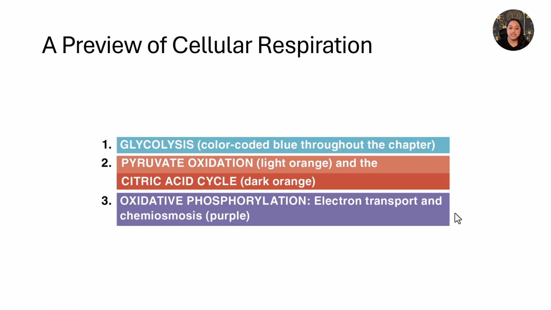And that actually consists of 2 parts, the electron transport chain and chemiosmosis. And that is going to be shown in purple. So in the next figure, it's going to show these 3 stages and those colors. Those are going to be the big picture stages that we'll talk about.